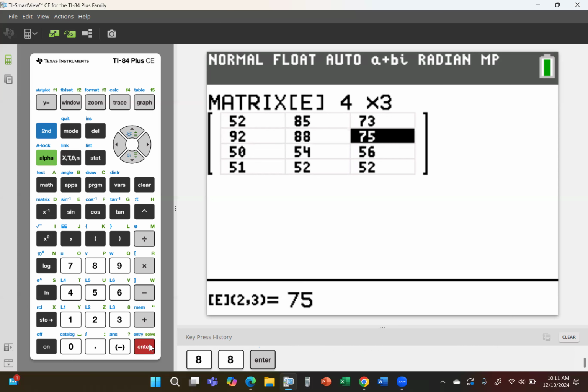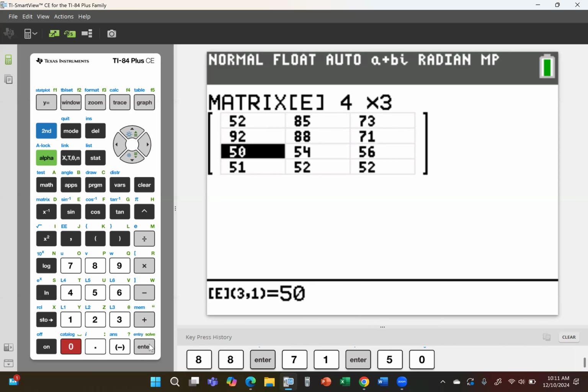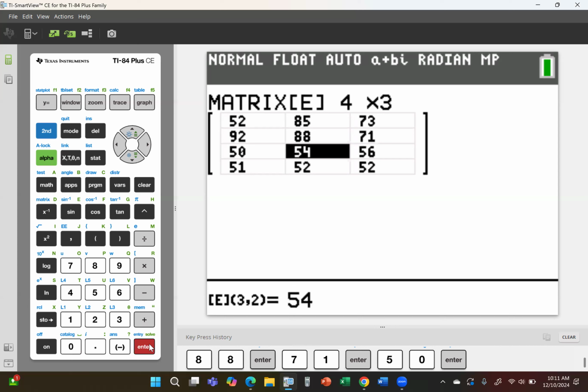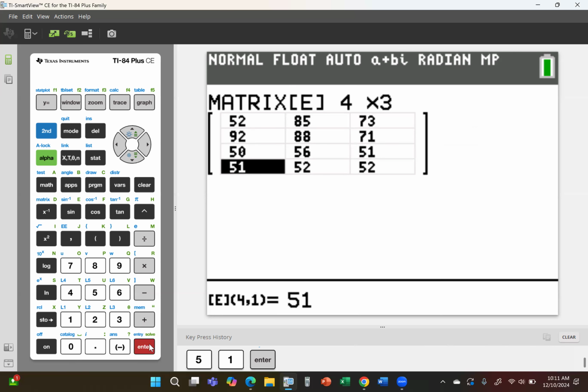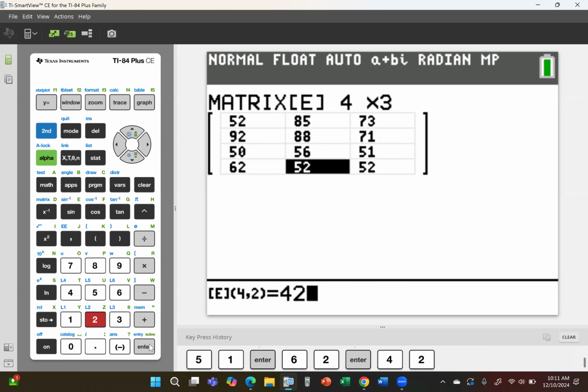And then 71 and 50, 56, 51, and then 62, 42, and 48.